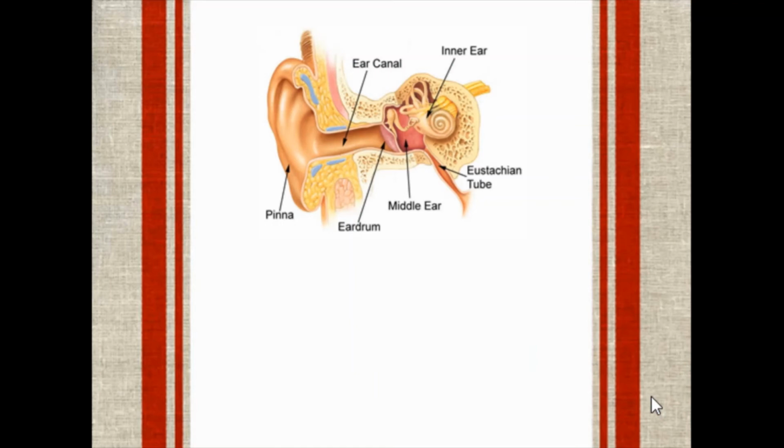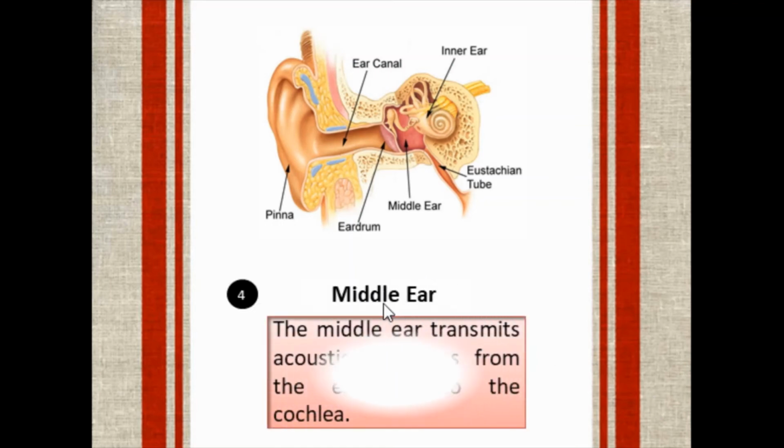Next, let's have our middle ear. Middle ear. The middle ear transmits acoustic vibrations from the eardrum to the cochlea. When the sound wave is caught by the pinna, it moves inside.